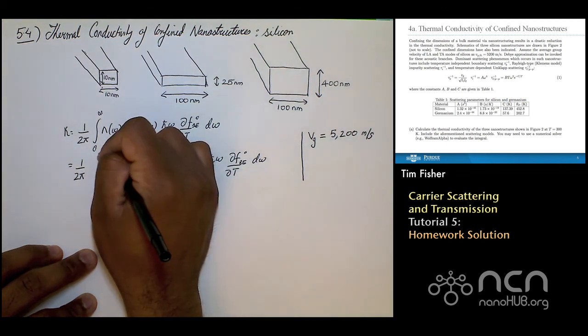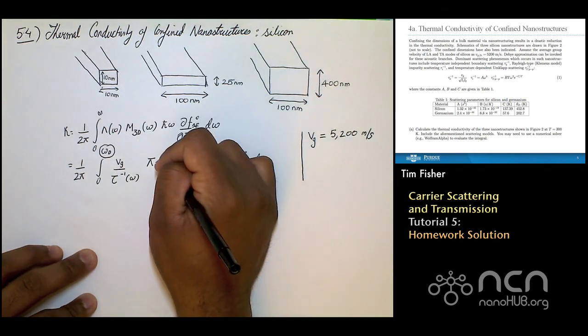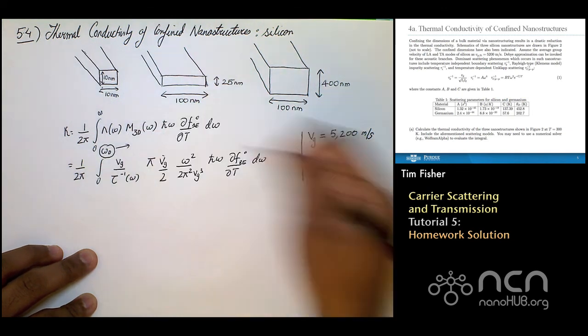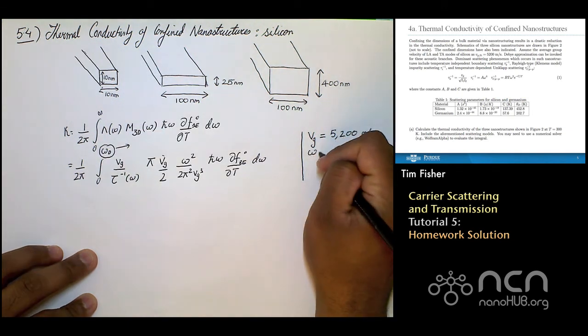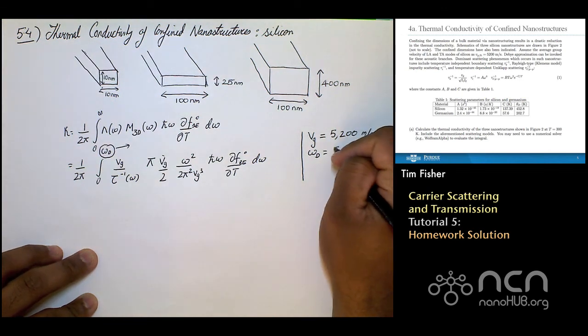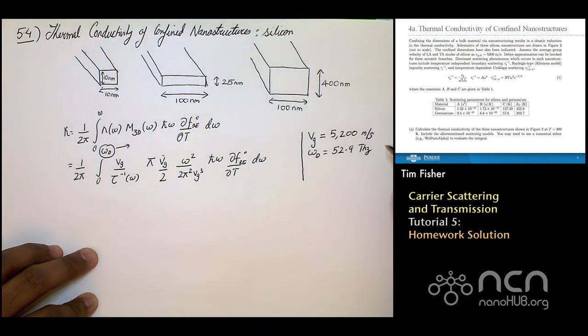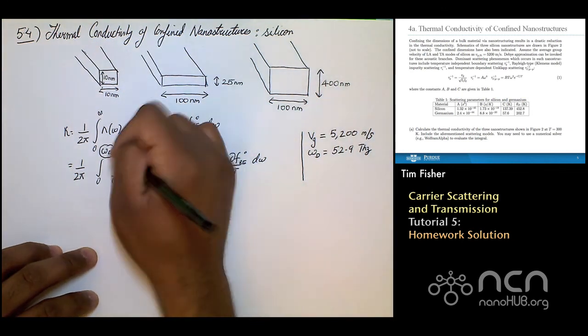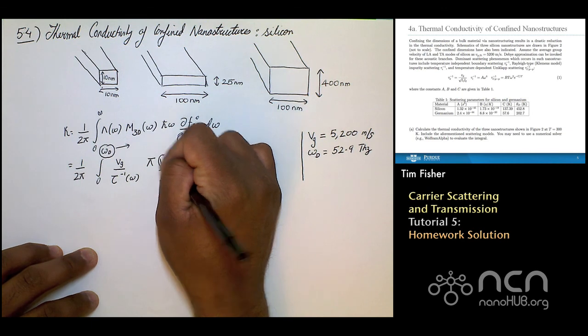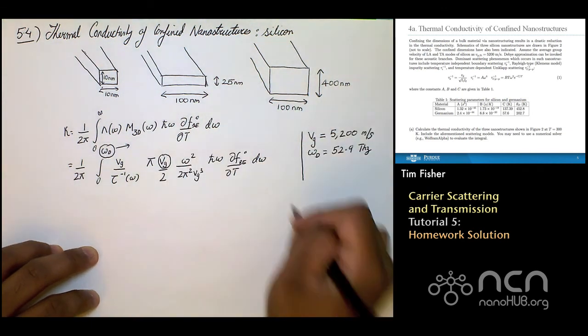The second value required to solve this integral is omega D, which is the Debye frequency, and that in the case of silicon is 52.9 terahertz. So we know the value of the Debye frequency and the group velocity. Omega is the variable to be integrated.